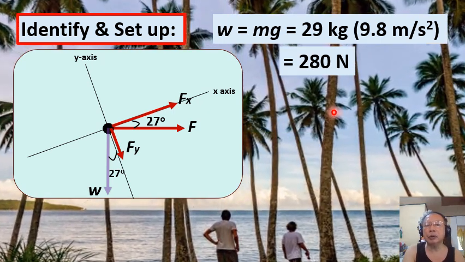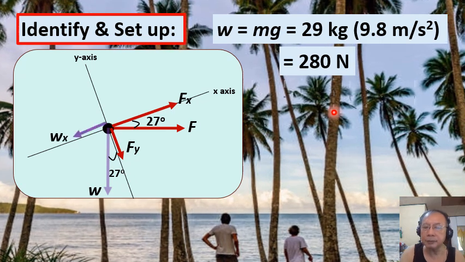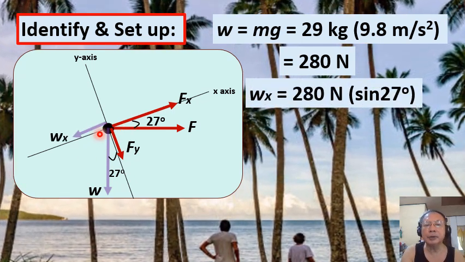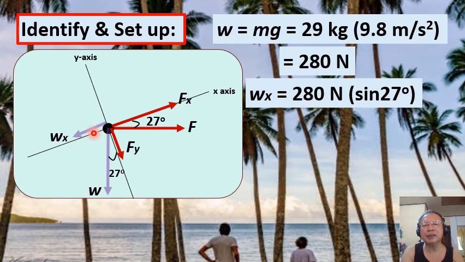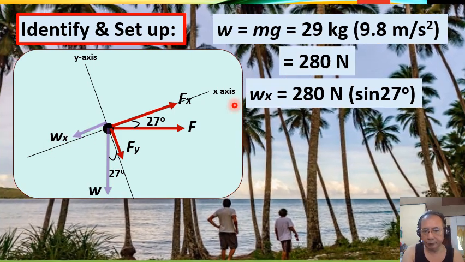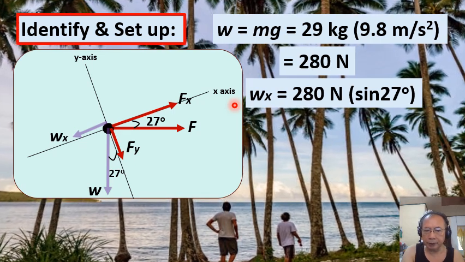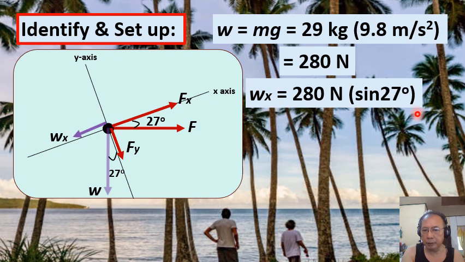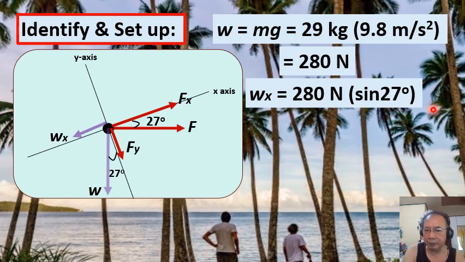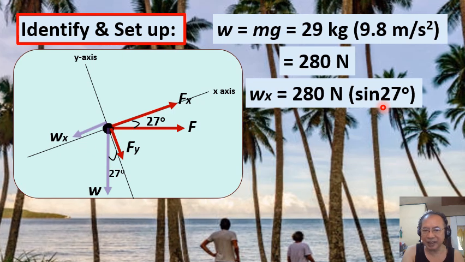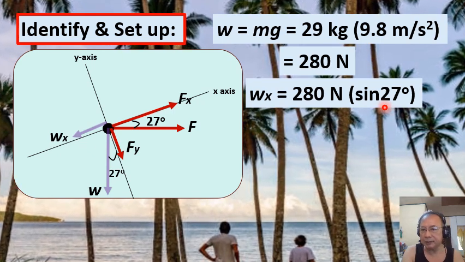The weight W also has its x component, represented by the arrow labeled Wx and directed down the incline, or into the negative x direction. So the magnitude of W sub x equals 280 newtons multiplied by the sine of the angle 27 degrees.